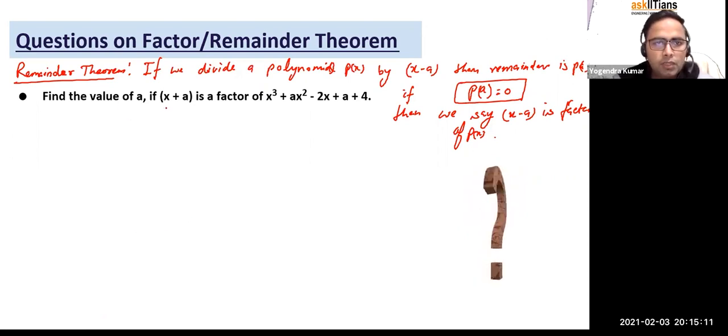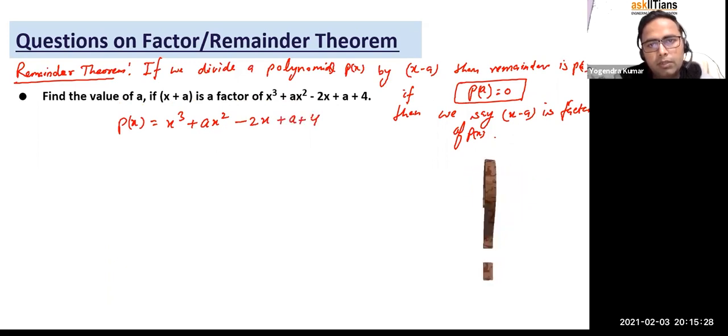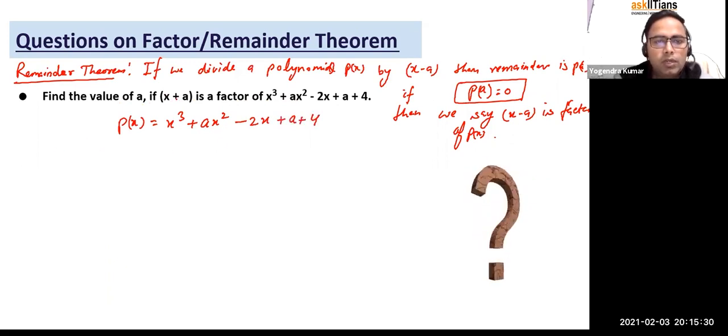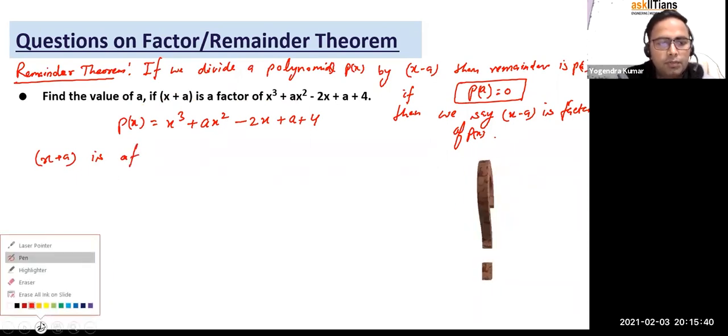What do we do here? They are clearly mentioning that x plus a is a factor of this. So we have p of x as x cube plus ax square minus 2x plus a plus 4, and x plus a is a factor of p of x.